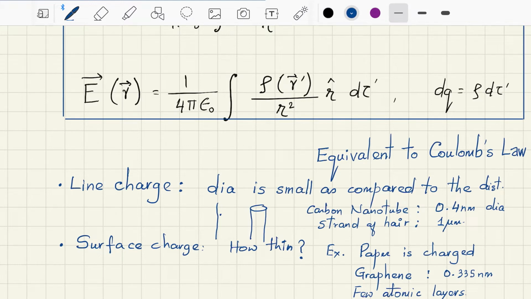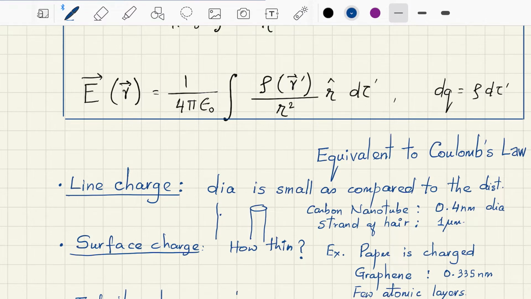Now the next question, so I'm just trying to bring this out once and for all: what is infinity? Infinite charge distribution. Sometimes for convenience, this is a relative distance between the field point and the source point.